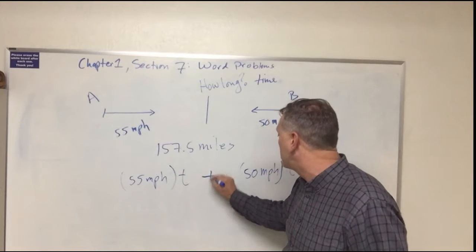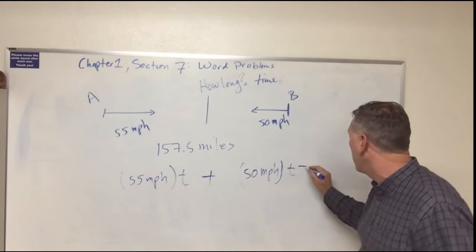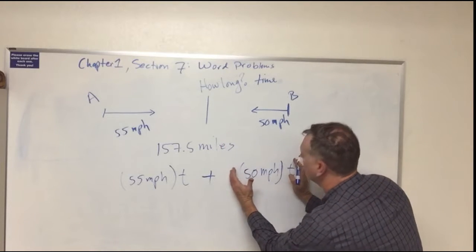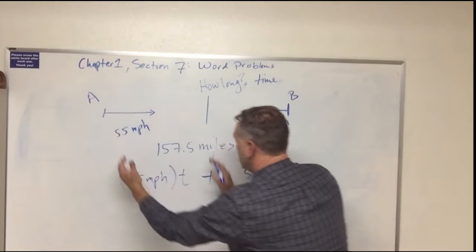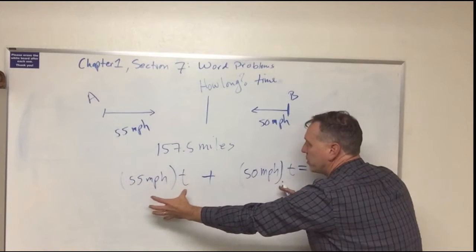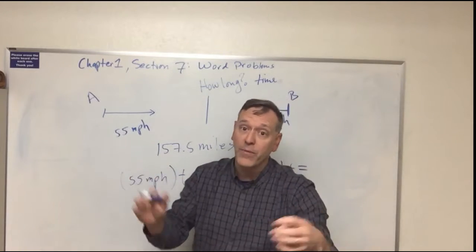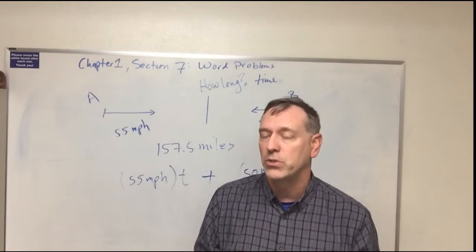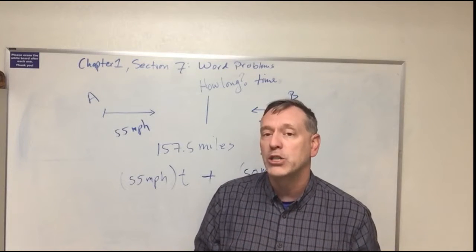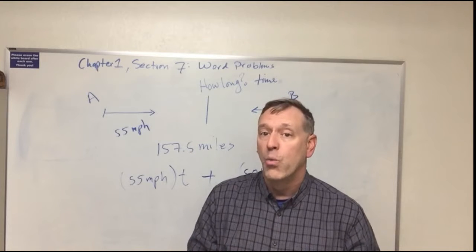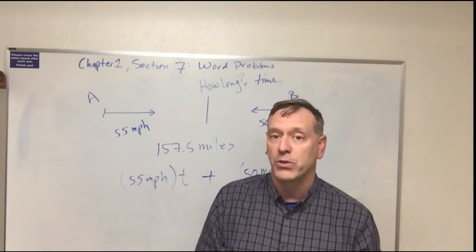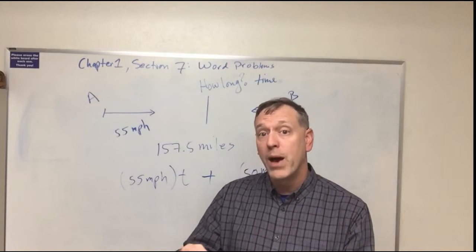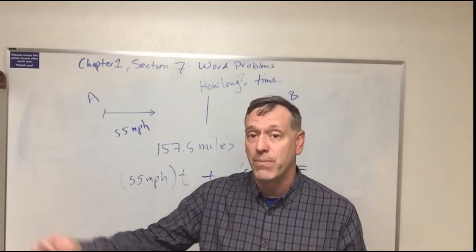And these two distances have to equal the total, because this portion is this section here, and this portion is this section here. The distance traveled is the speed at which you travel times how long you drive. So for instance, if I drive 30 miles per hour for 1 hour, I've gone 30 miles. If I drive 30 miles per hour for 2 hours, that's 60 miles.